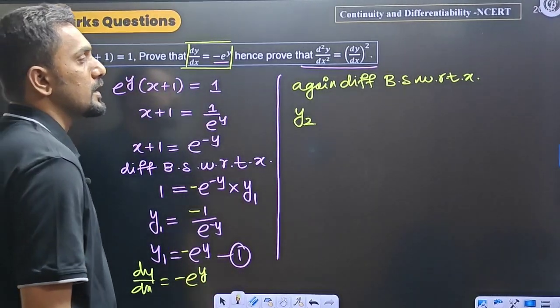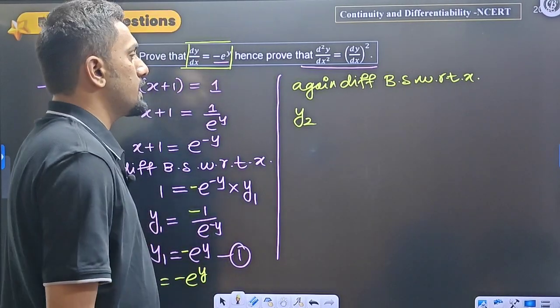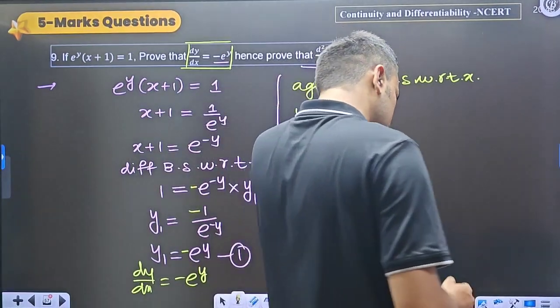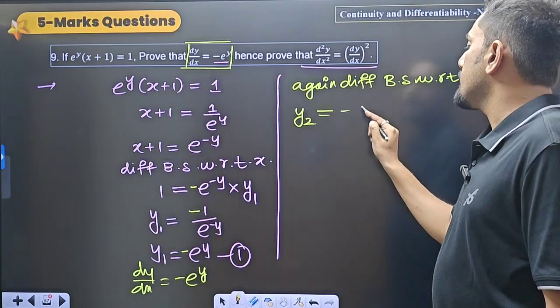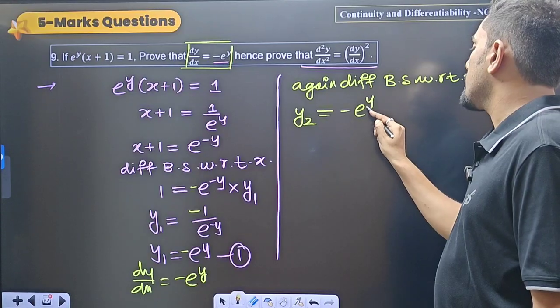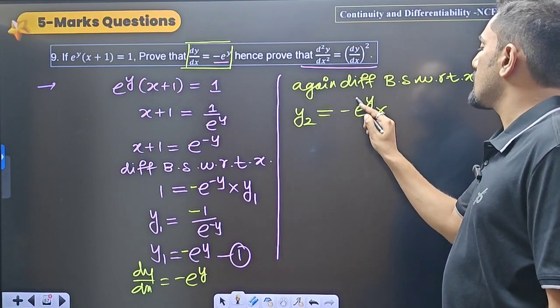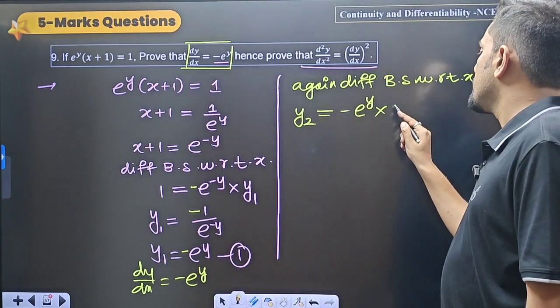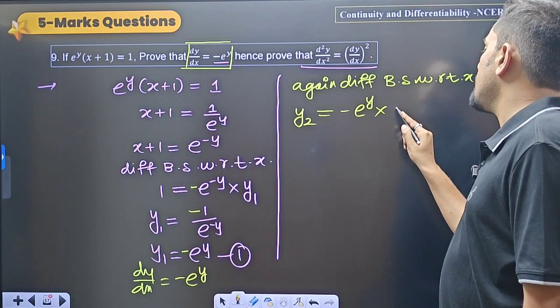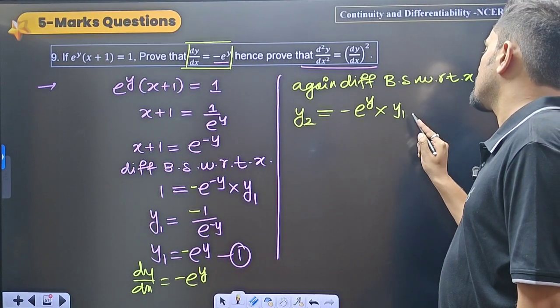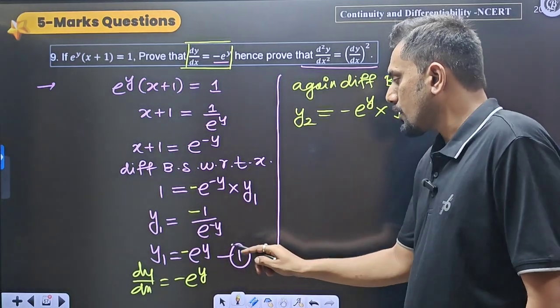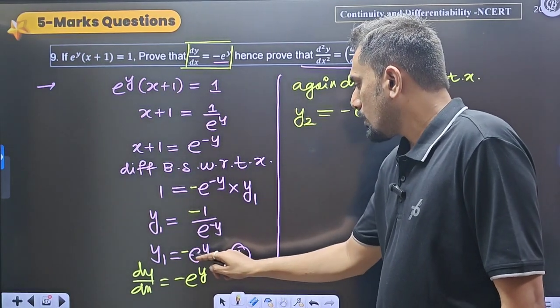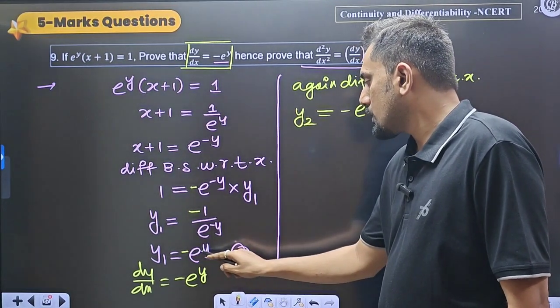Okay, so after differentiating one more time, we will get y2 is equals to minus e raised to the power y, because the derivative of e raised to the power y is e raised to the power y into dy by dx, or y1. From equation 1, what is minus e raised to the power y?